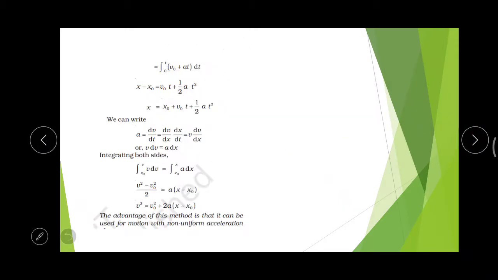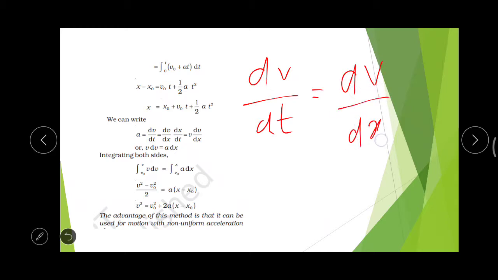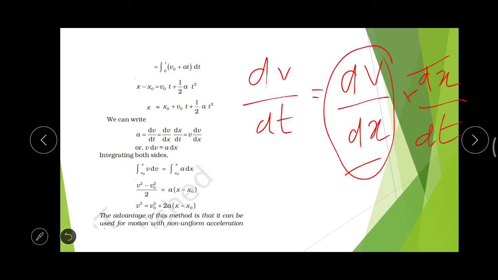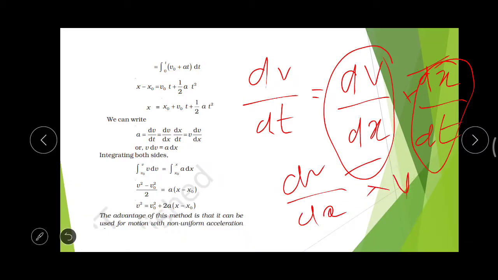Okay, so we have rewritten dv by dt as dv by dx into dx by dt, because the dx will cancel each other, which will not affect that equation. Okay, isn't it? Now listen, dv by dx will remain as it is, and dx by dt is actually v, the instantaneous velocity, isn't it? So that will become v dv by dx.